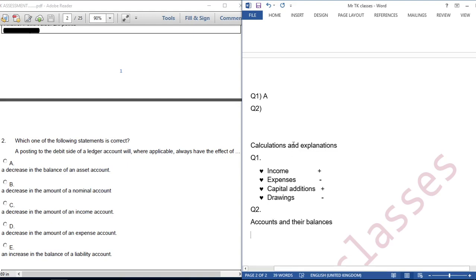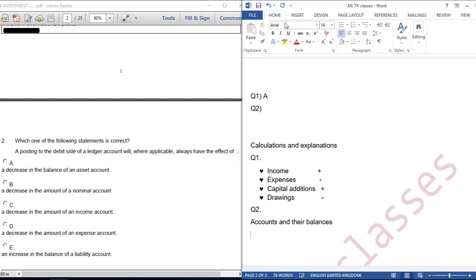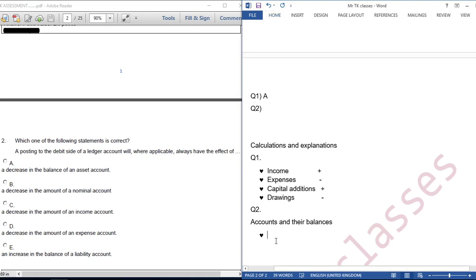So we are going to start with assets. Assets have a debit balance. It means that they increase on the debit side and decrease on the credit side. The next one, let's say expenses, increase on the debit side and decrease on the credit side.